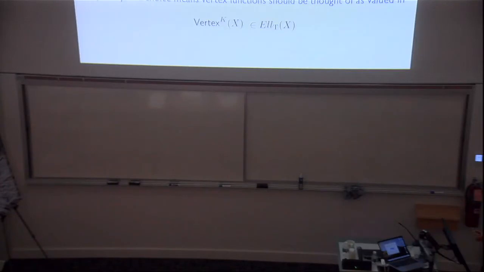So really, this comes from a three-dimensional gauge theory. The boundary is a torus, and this choice of boundary data means that you should think of these K-theoretic vertex functions as being valued in equivariant K-homology of X.